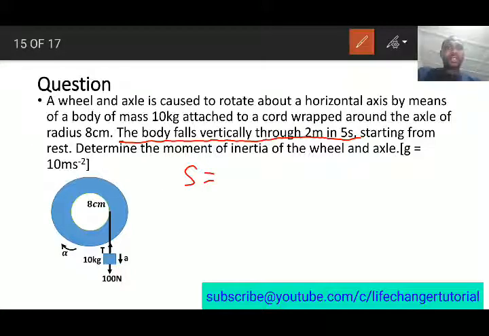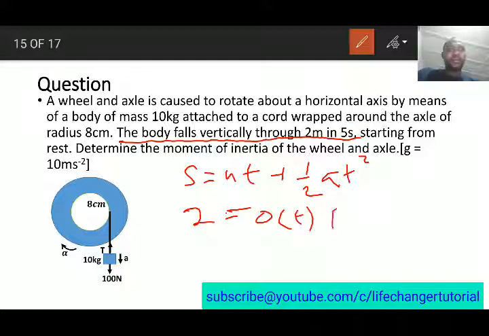S equals ut plus half at squared. The distance it fell is 2 meters. The initial velocity is 0, of course, it was not moving. So we have 0 times t plus half times a, the acceleration, which is what we are looking for, times t, that means 5 squared.